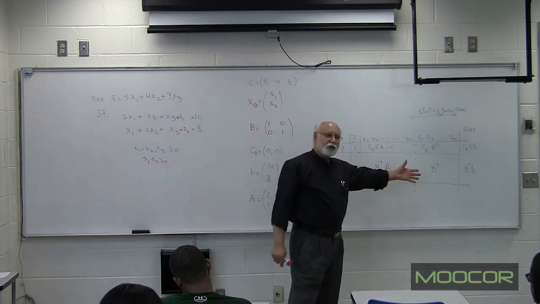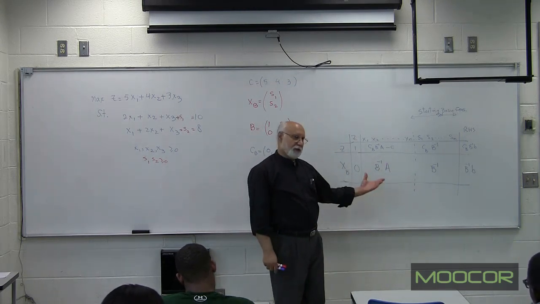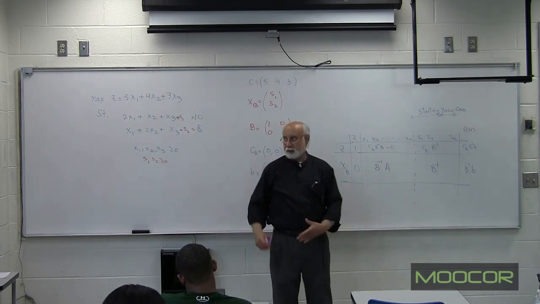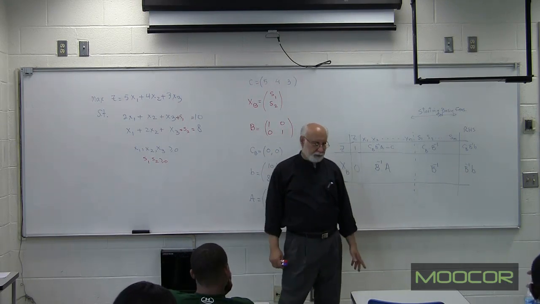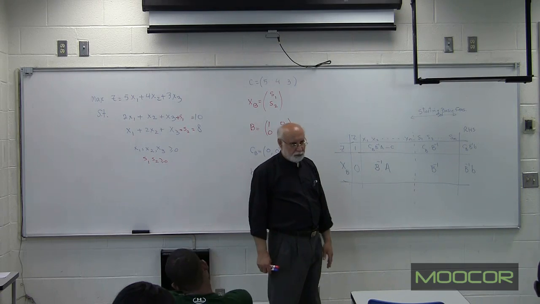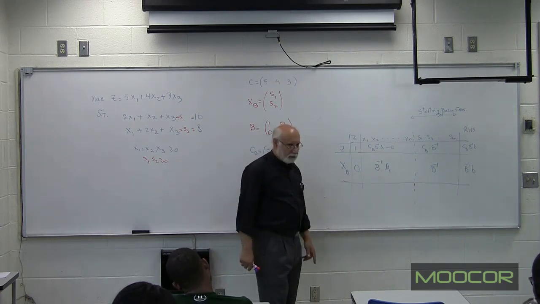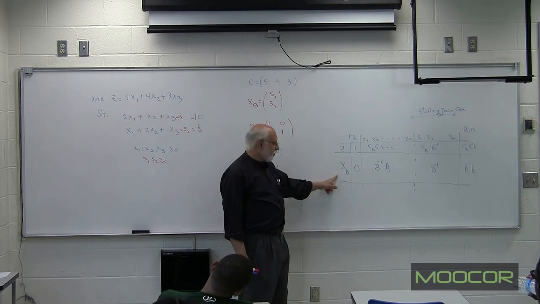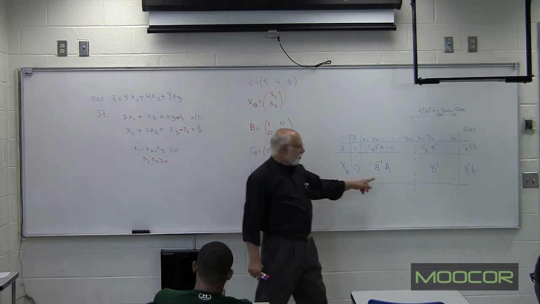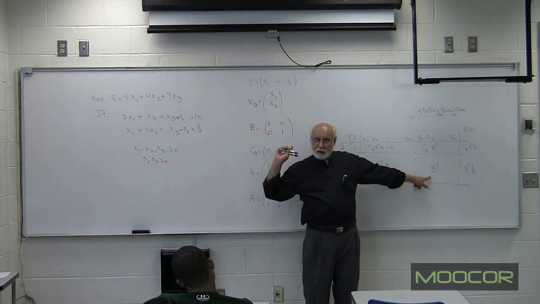So if I want to write this tableau, this is a starting basic feasible solution. How would it look like? S1, S2. What is B? Identity.